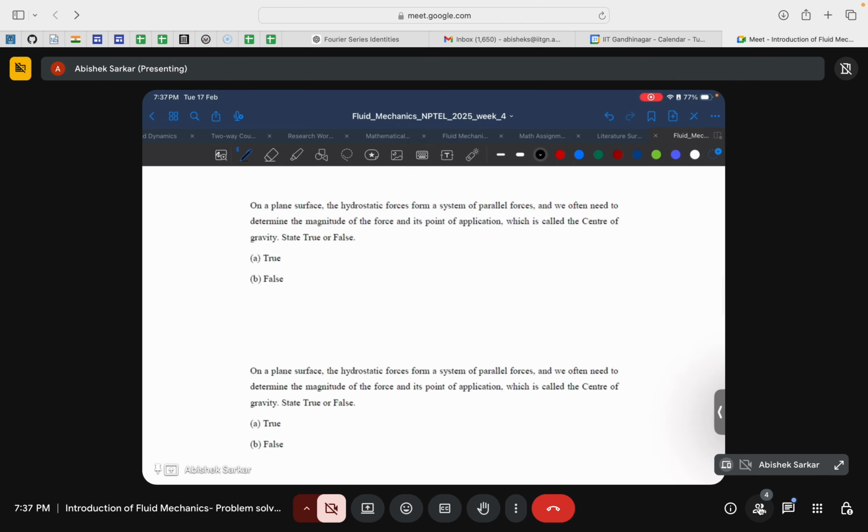So the question is, on a plane surface, the hydrostatic forces form a system of parallel forces, and we often need to determine the magnitude of the force and its point of application, which is called the center of gravity. The statement is true or false.